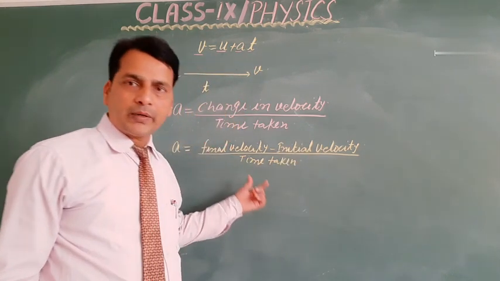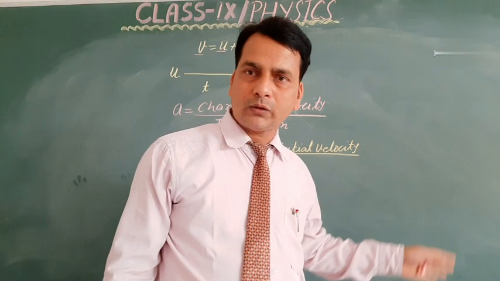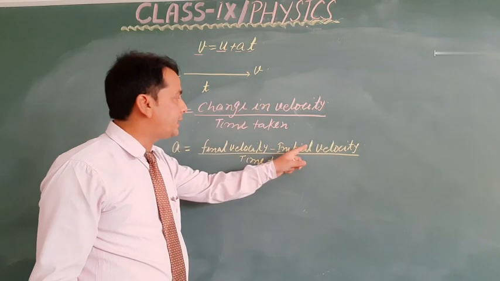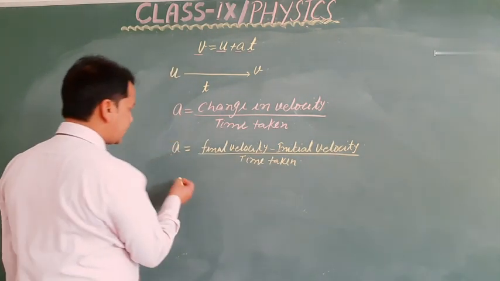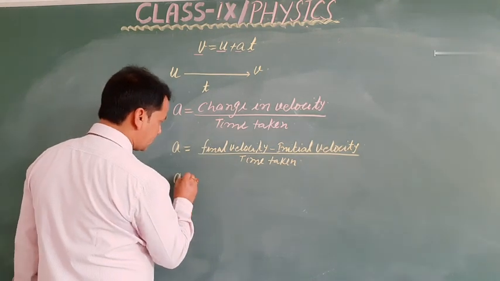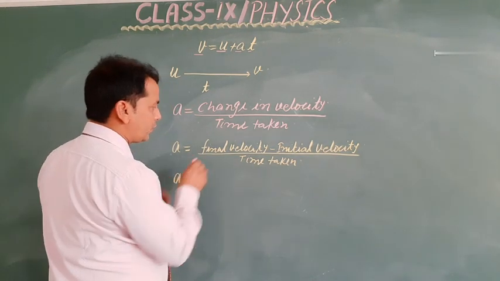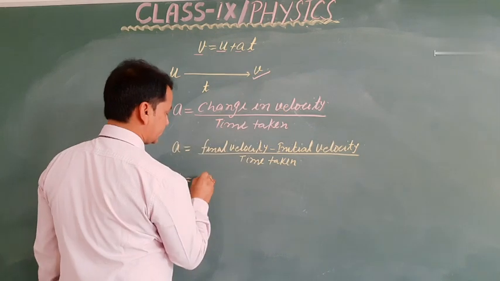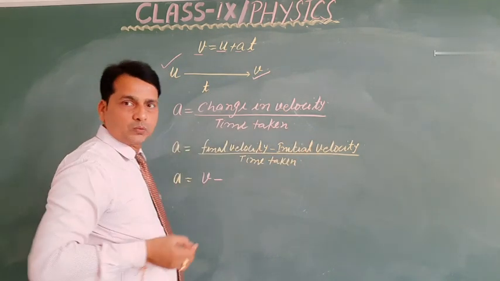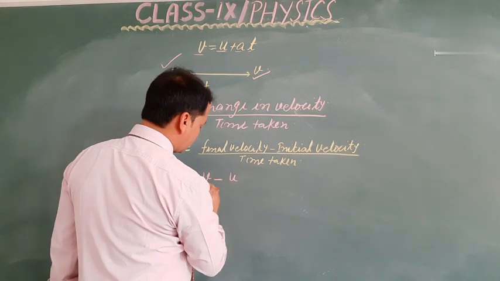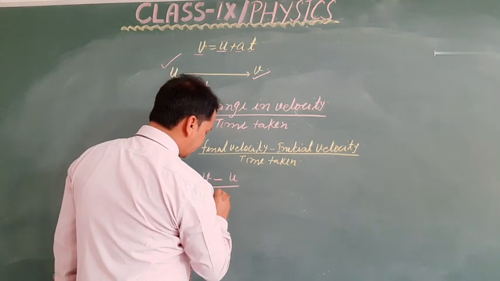So the final velocity is v and the initial velocity is u. So acceleration a equals final velocity v minus initial velocity u by t.